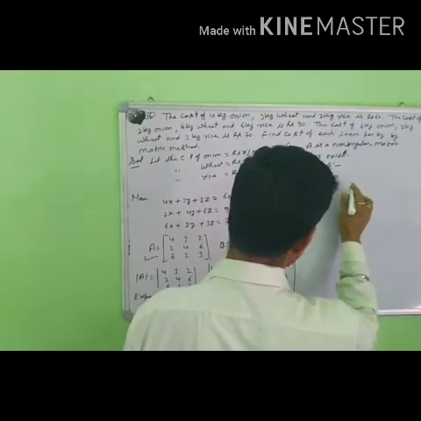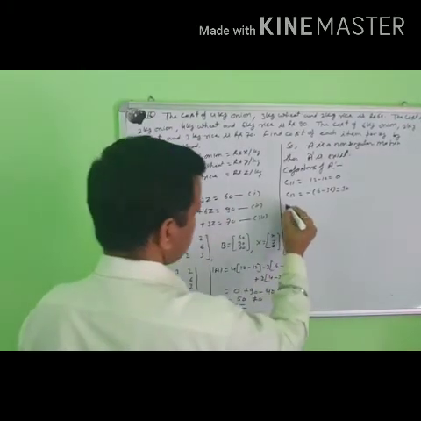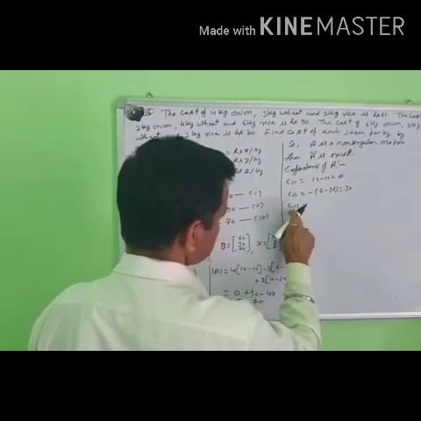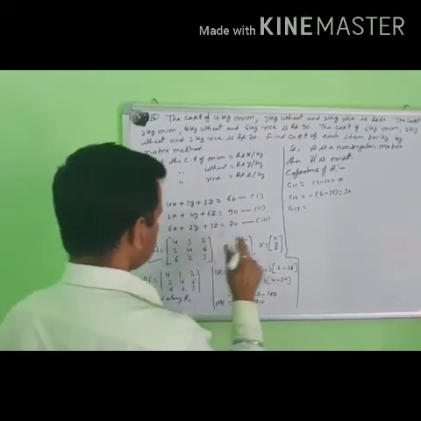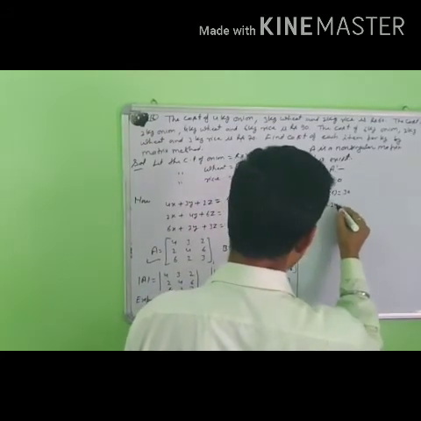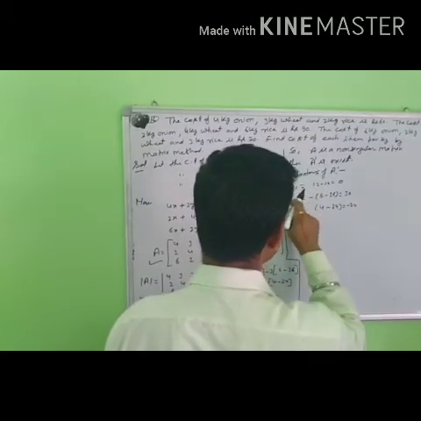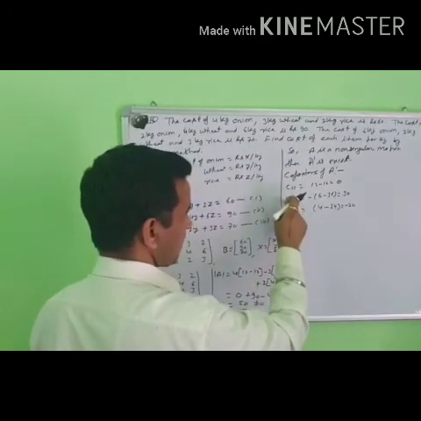Plus 30. Second, C13 means first row, third column will be hidden. So 2 2s are 4 and 6 4s are 24. The answer will become minus 20, because this is plus minus plus according to this table.